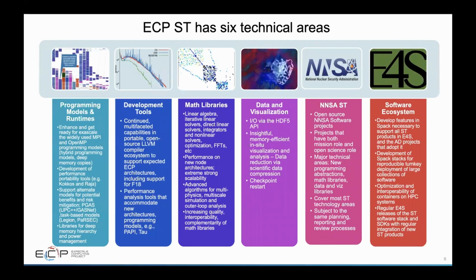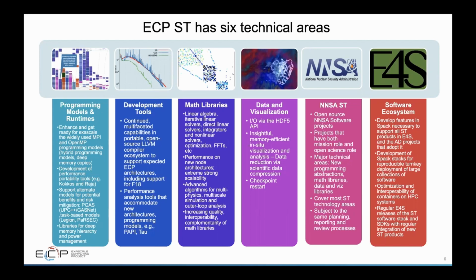And I lead that effort for the SDK in this PMR area. There's development tools, there's math libraries, there's data and visualization. We have NNSA software technology products and the software ecosystem with E4S.